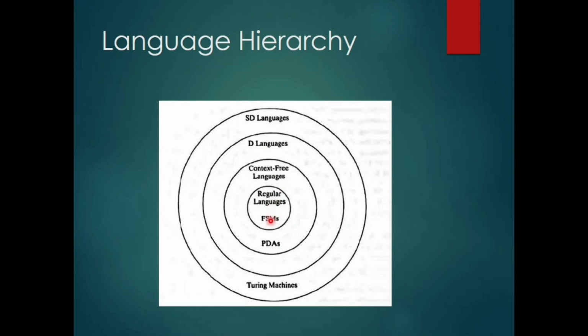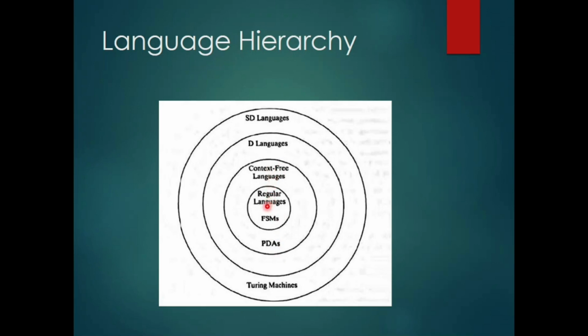And one more thing: the machines defined in the outer circle will be able to solve the languages represented in the inner circles. So PDA will not be able to solve only context-free languages.